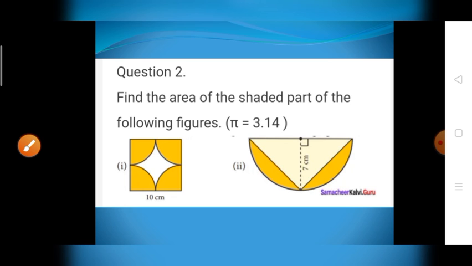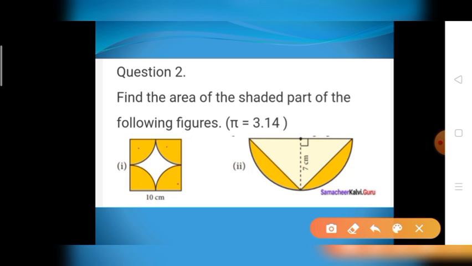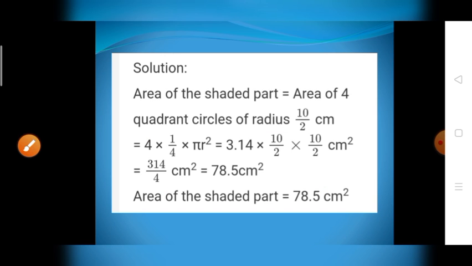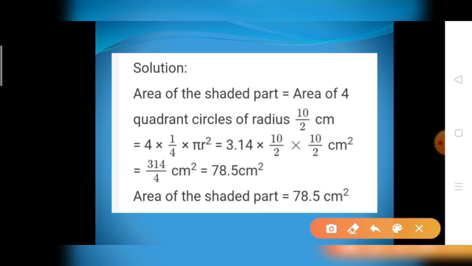The next one, question number 2: find the area of the shaded part of the following figures. Shaded part means the colored parts only. Find the area value. First question solution: area of the shaded part is equal to the area of the 4 quadrant circles of radius 10 divided by 2 centimeter.